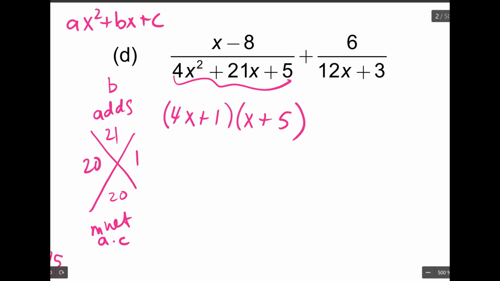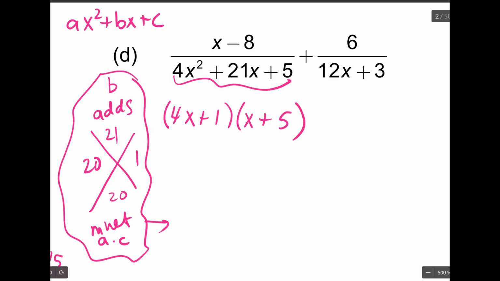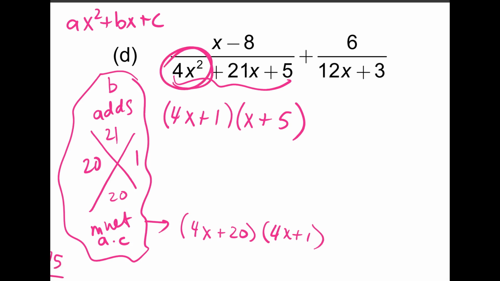Cool. So this is how you do leading coefficients other than 1. I think I've covered this before briefly, but we're just going to keep working on it now. So I'd write this as 4x plus 20, 4x plus 1. So I take the leading coefficient, and then I write my two multiples, and then guess what?